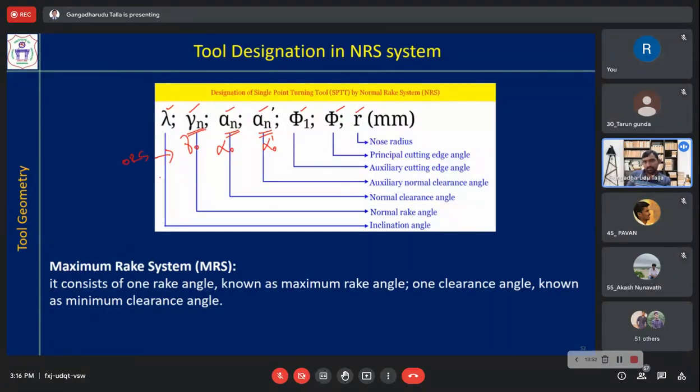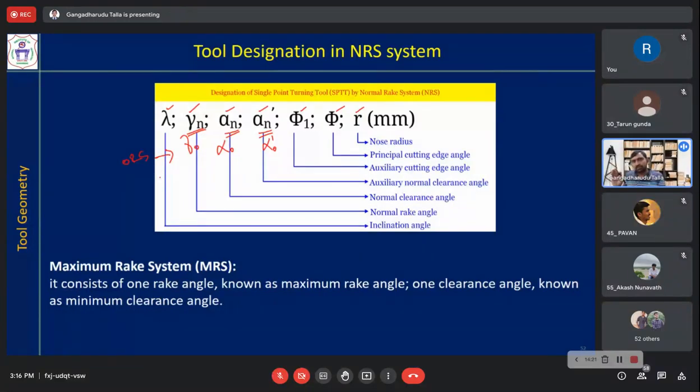No plane is perpendicular to the rake surface. So here there are different types of systems: ASA system, ORS system, NRS system. ASA system is useful when you are observing the cutting tool with respect to the workpiece, or when you want to see the features of the cutting tool.